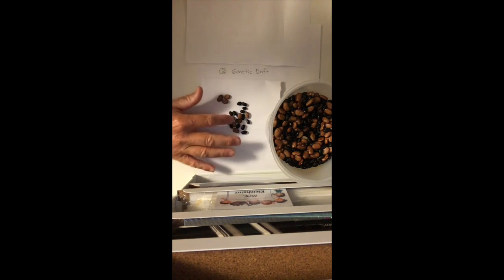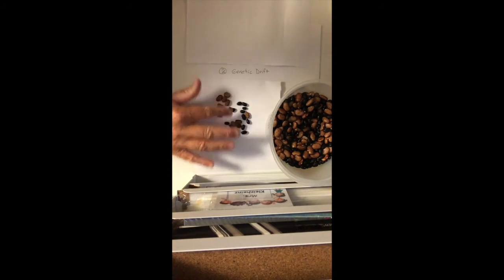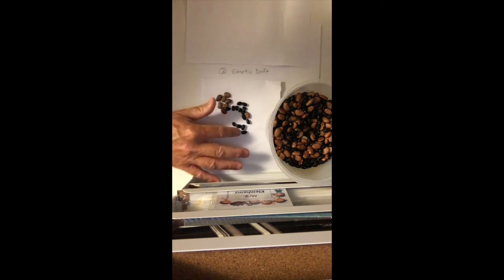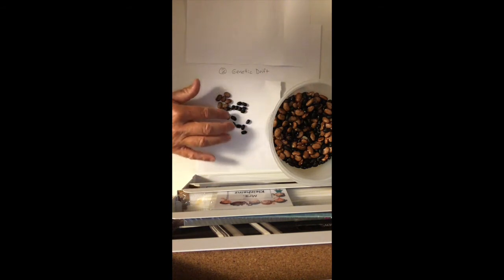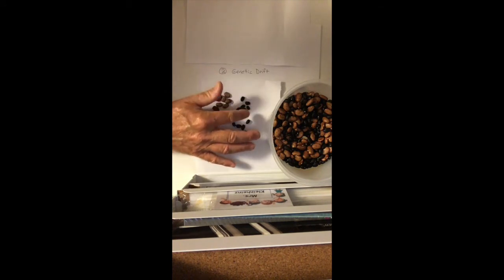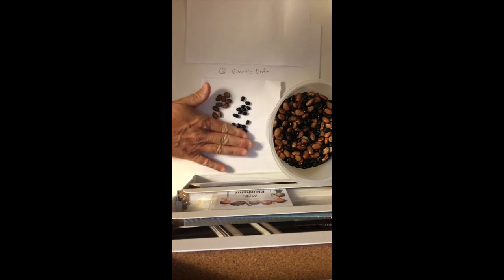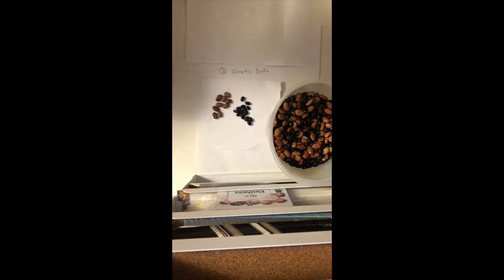So it's 50-50 in the original population, and I just randomly picked a group out of here, and this is 1, 2, 3, 4, 5, 6, 7, 8, 9 red beans, and 1, 2, 3, 4, 5, 6, 7, 8, 9, 10, 11, 12, 13, 14 black beans.